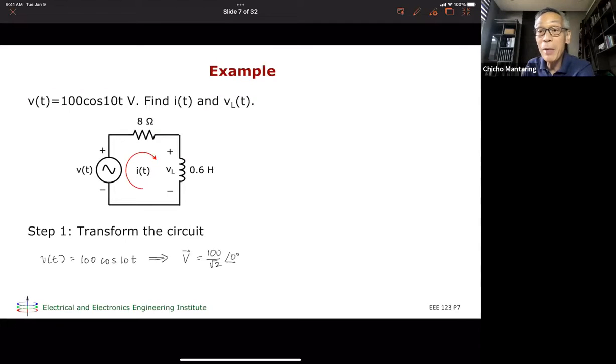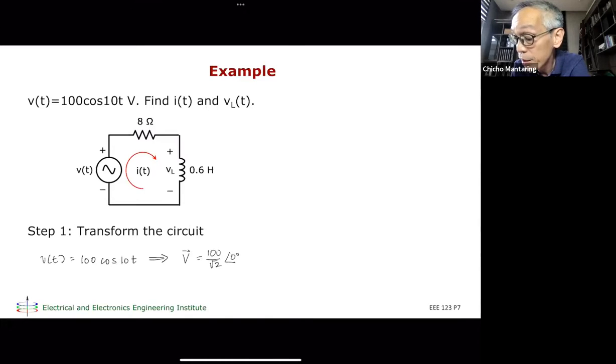Pero tama yung sagot mo. Or 50 times the square root of 2 at an angle of 0 degrees. Ngayon, yung 8 ohms, yung Z's of R, is going to be equal to 8 ohms also, kasi yung resistance will just transform into a resistance.